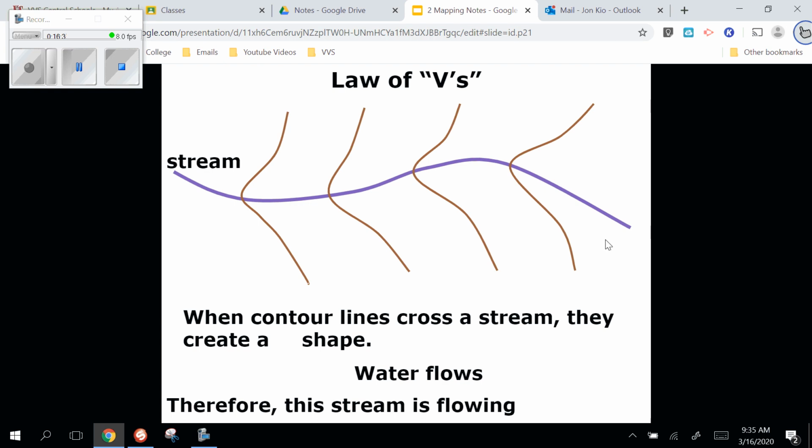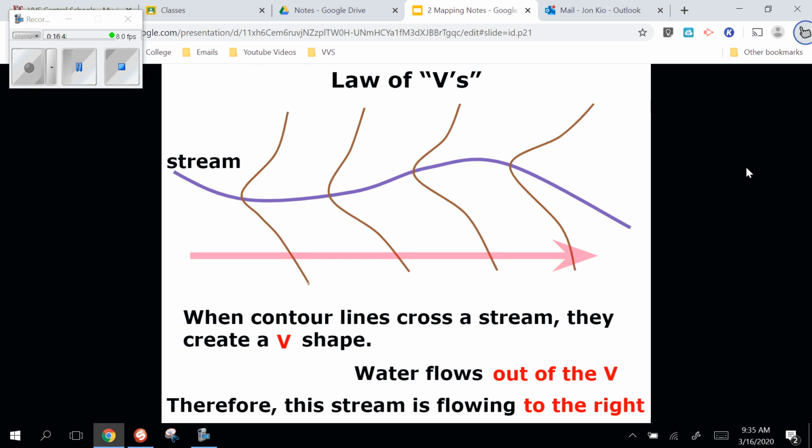Over here is going to be your lower elevation. The water flowing out of the V means it must be flowing to the right. If this were a traditional map setup, we don't have anything to gauge it by, but if it were, we would say this stream is generally flowing to the east. Okay.